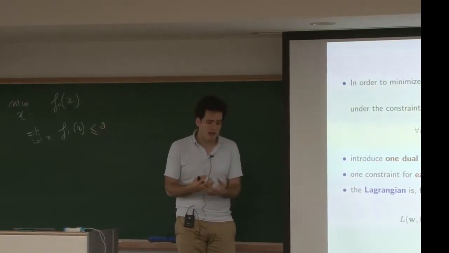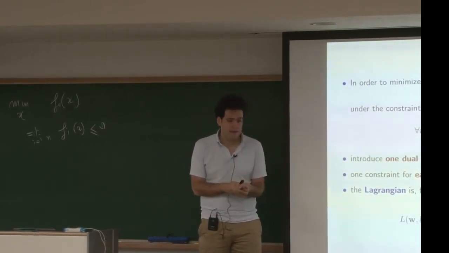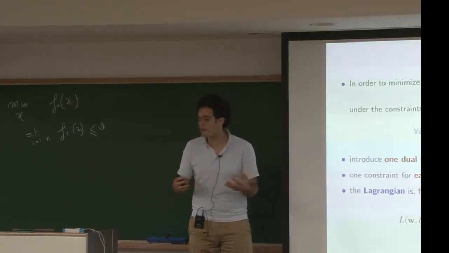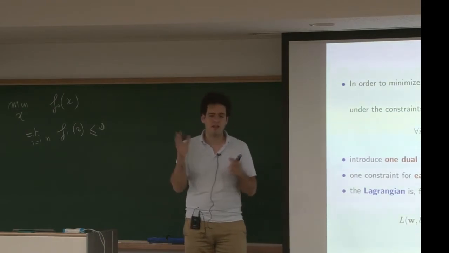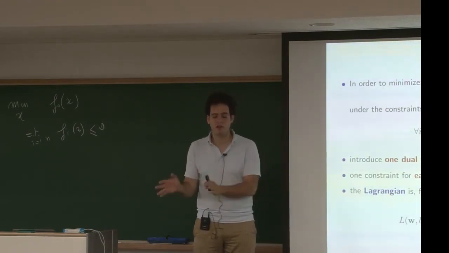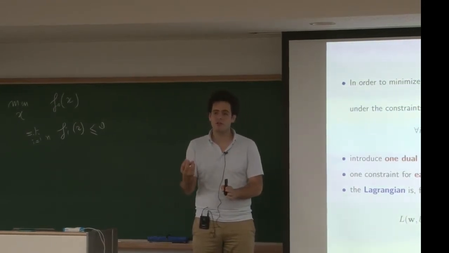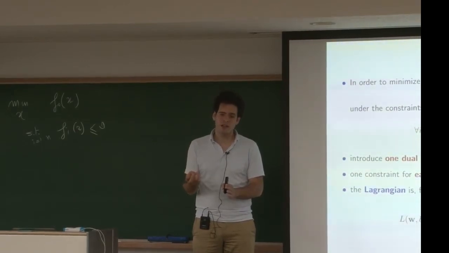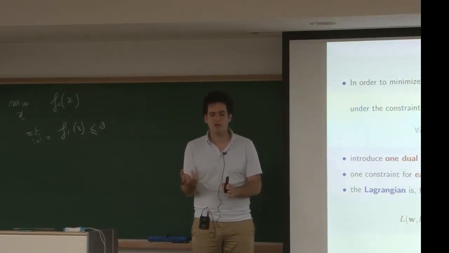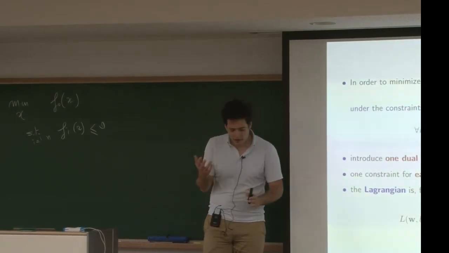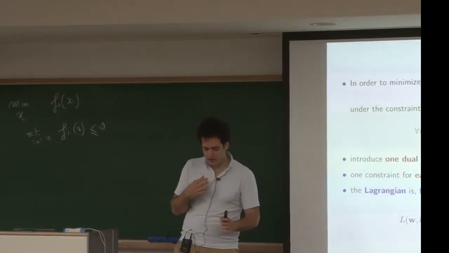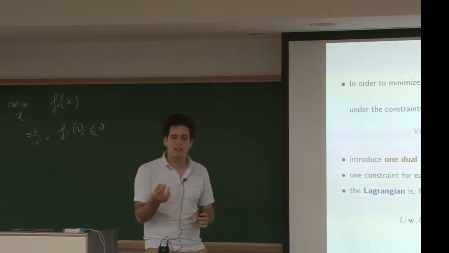So the idea of duality in this case is to say that instead of looking at the constraint set as a binary set, either I satisfy all the constraints or I don't, we're going to introduce a vector of prices, alpha i, which are called Lagrange multipliers, which will somehow weight how much you are violating each constraint.